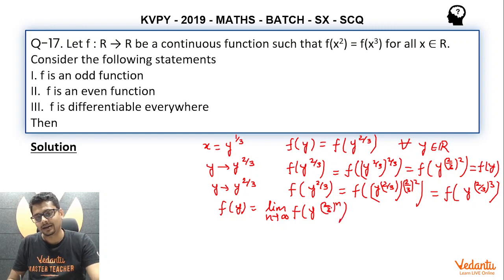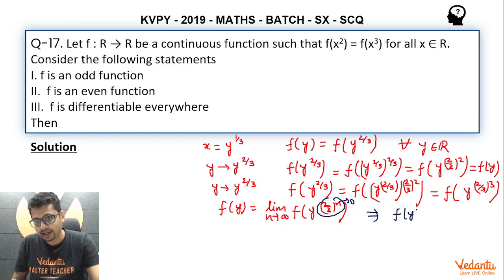Now mind it, 2 by 3 whole to the power n, as n tends to infinity, becomes 0. So this power goes to 0, so y to the power 0 will be tending to 1. So that essentially means f of y equal to f of 1 for every y belong to real.